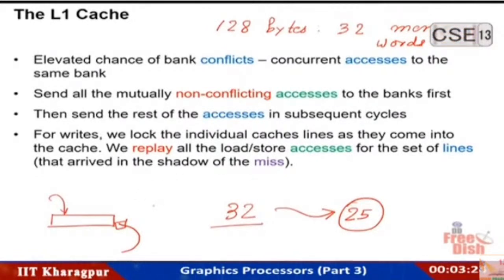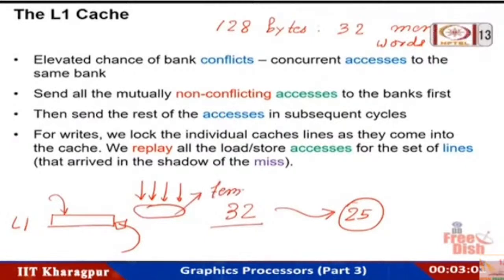But let me give a realistic scenario. Let's say that in the L1 cache, there is a write miss. So the block has to come from L2. In the meantime, a lot of reads and writes would have arrived at the L1 cache. So they're buffered in a temporary structure. That will be called an MSHR in the next chapter, but in this chapter, let's call it a temporary structure.